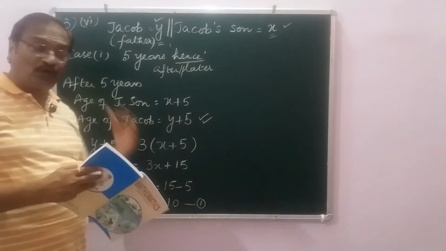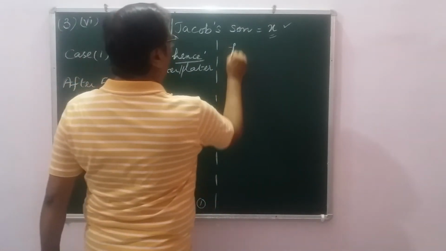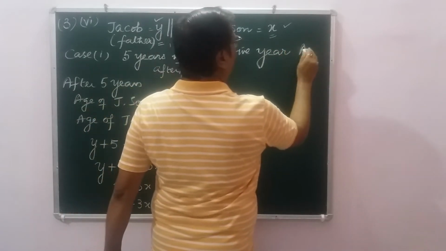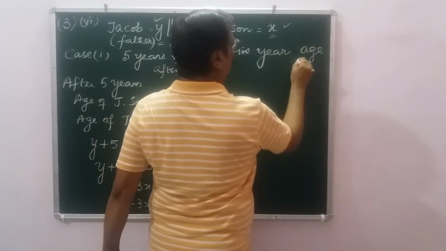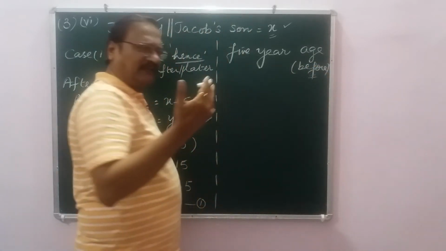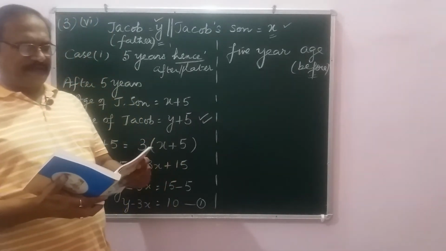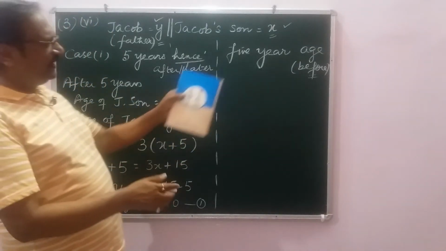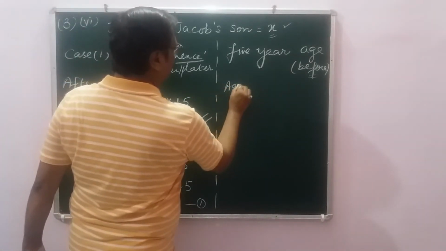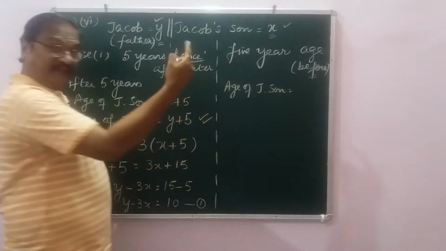5 years ago. This is the second part of the problem. Ago means what? Before. That means 5 years before. Now, what will be the age of Jacob's son 5 years before?